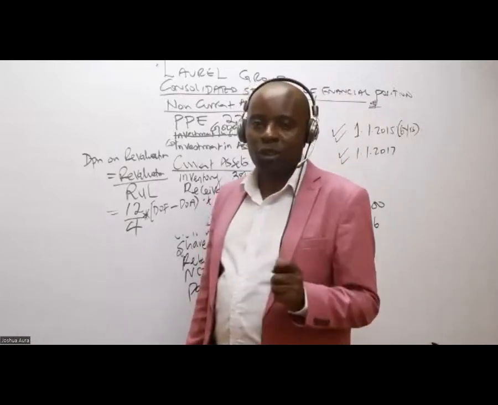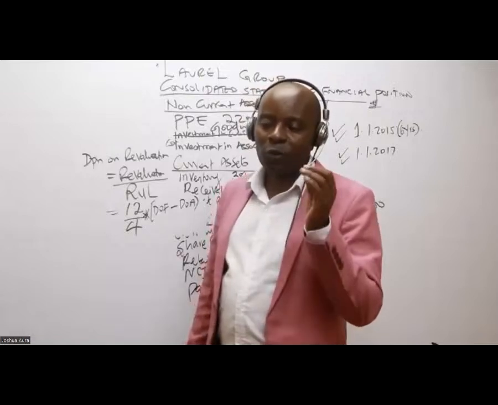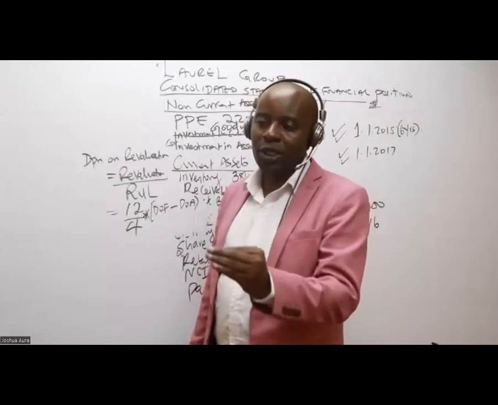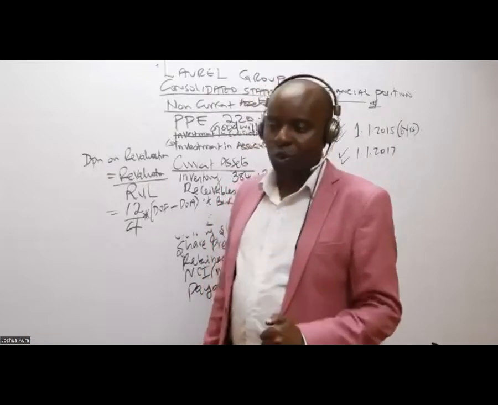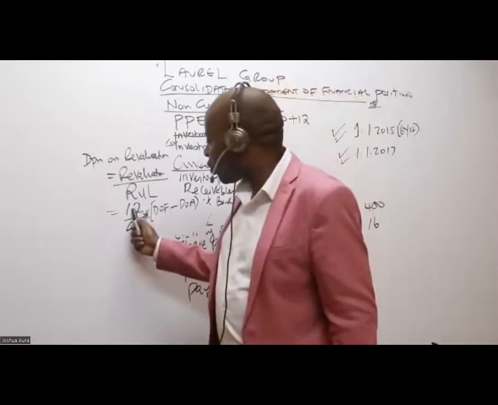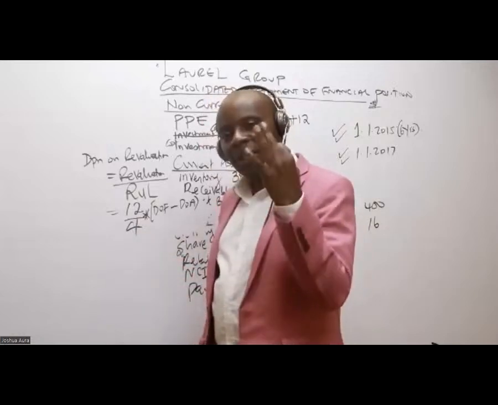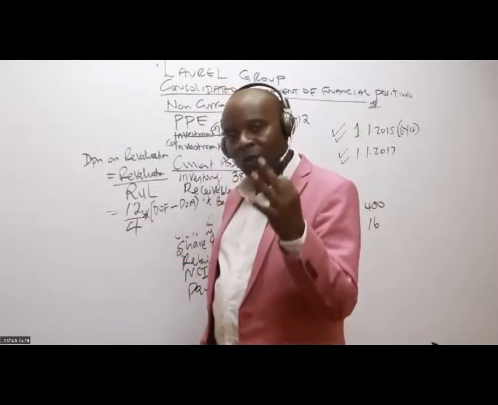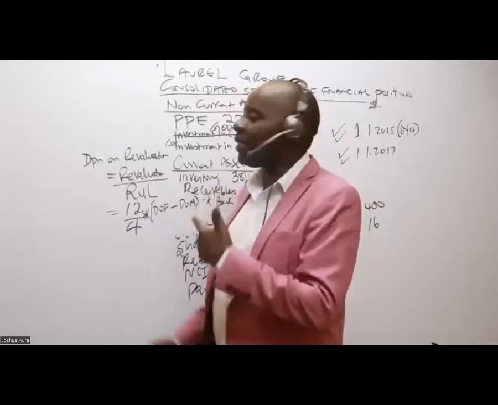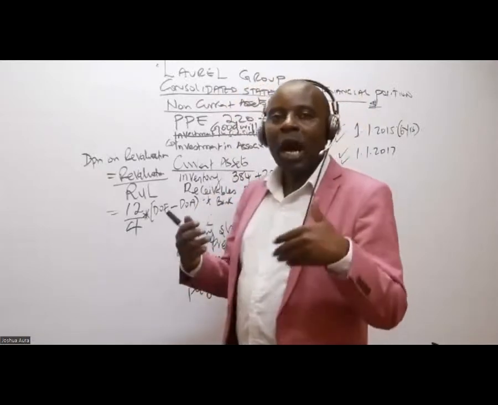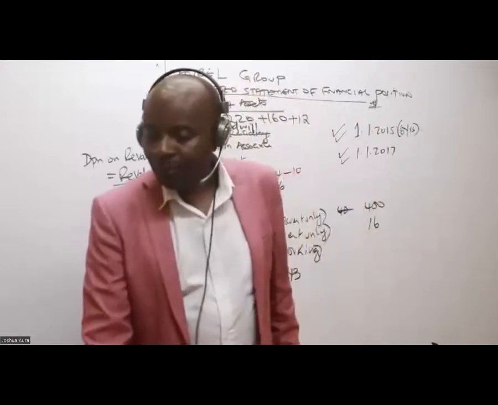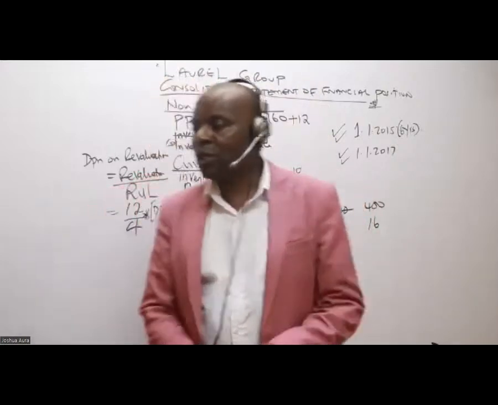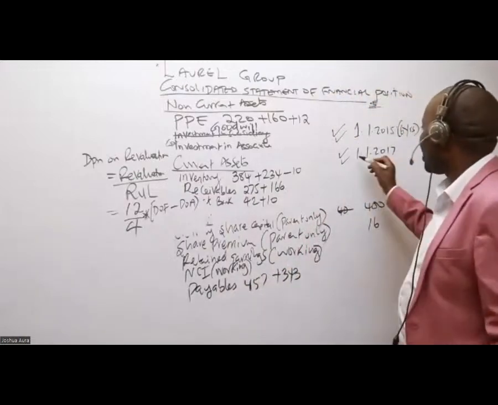DOA stands for date of acquisition, the date when we acquire the subsidiary. So this 12 over 4 will give me 3. I'm depreciating 3 for each year. But they want cumulative, so I want to know how many years I stayed with this subsidiary. In this question, the date of acquisition is 1st of January 2017.